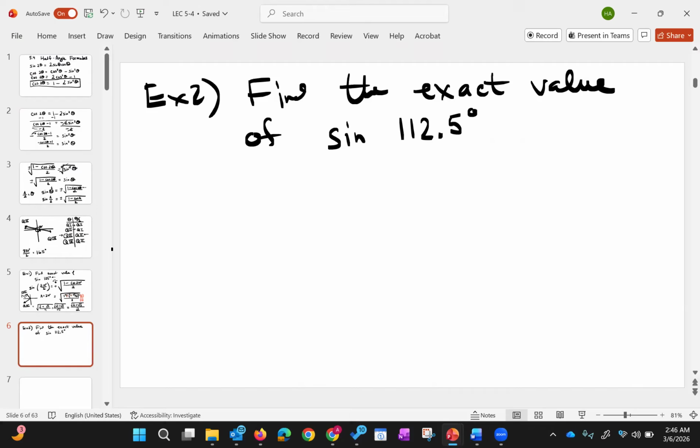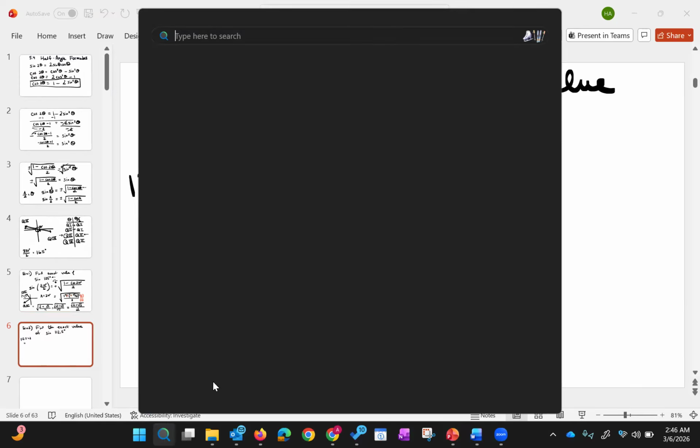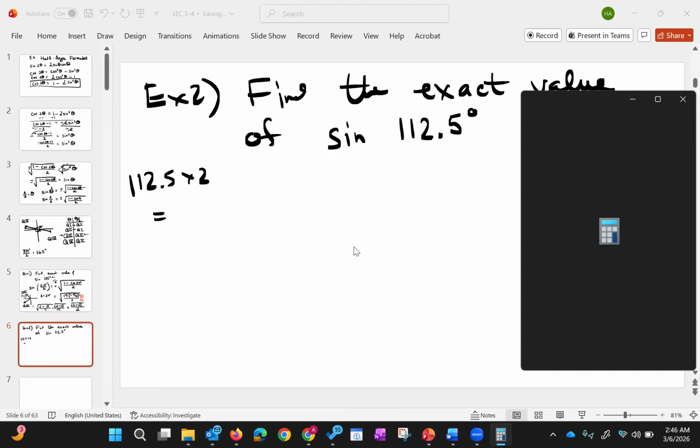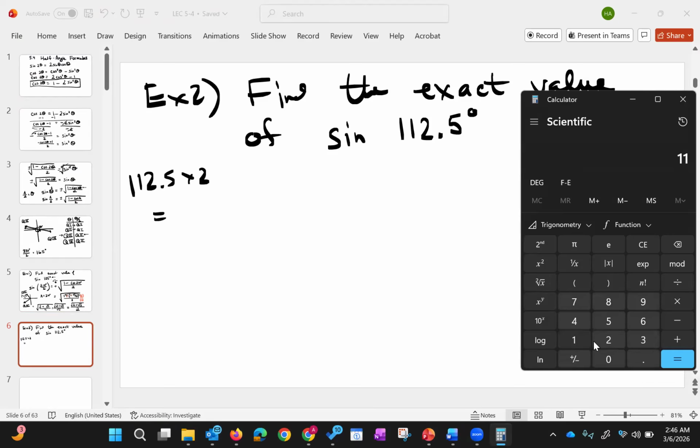So let's see what we can do here. Let's multiply 112.5 times 2. What will that give us? I need a calculator now. What is 112.5 times 2?